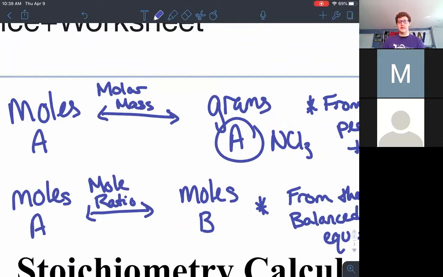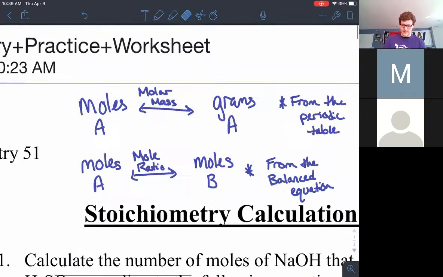Moles of NCl3. Perfect. We're going to end up with those moles of NCl3.